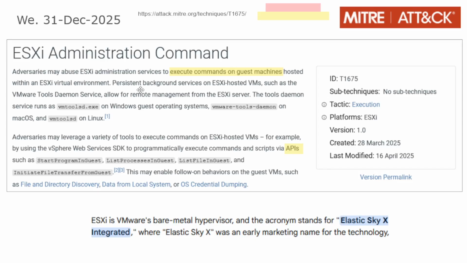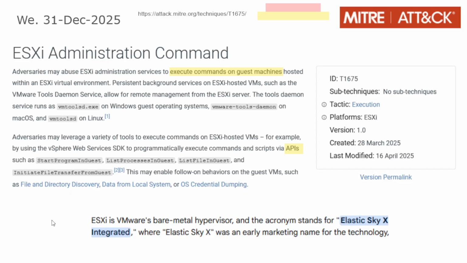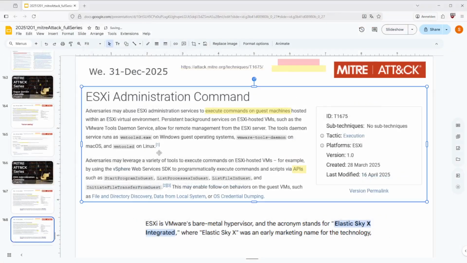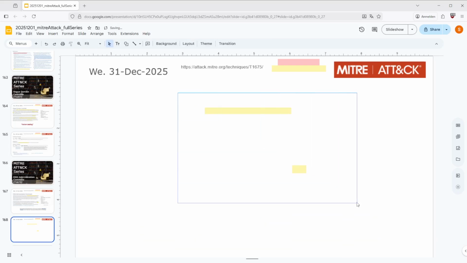Have logging enabled on your ESXi host, and if that is not possible for various reasons, have it enabled on your hosts and listen for VMTools.exe, the VMware daemon, and VMTools.sd. Monitor these processes and just look at when they are executed. That way you can catch this malicious behavior. But that's of course a simple story, right? It's easy to say that, but it has to start somewhere.